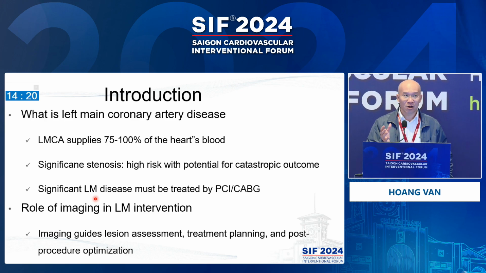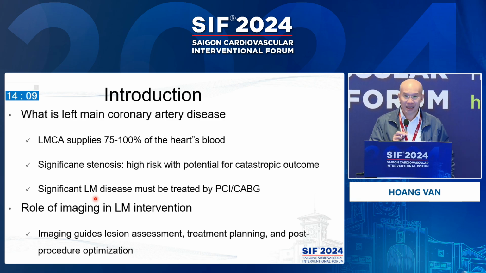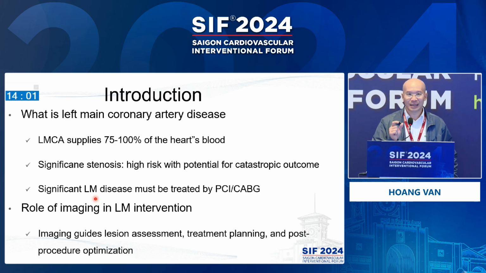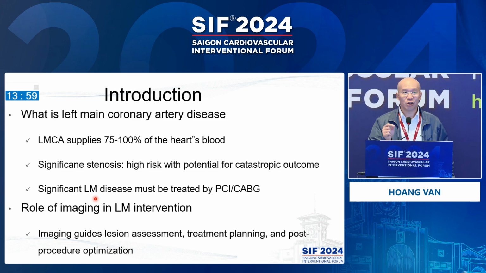Patients with significant left main disease must be treated by CABG or PCI to reduce the risk of death. Some data show that using IVUS or OCT to guide left main intervention may improve outcomes.